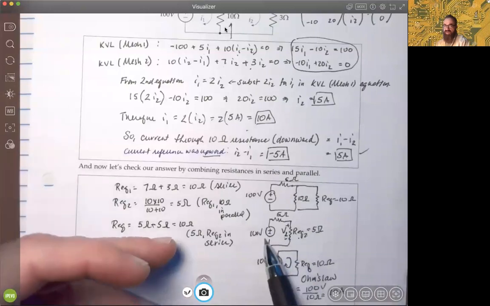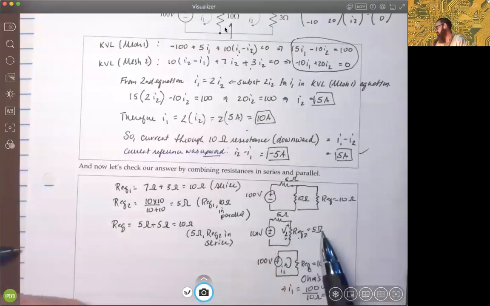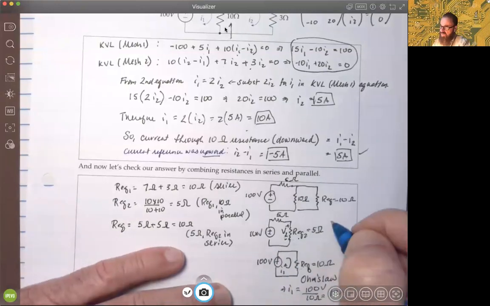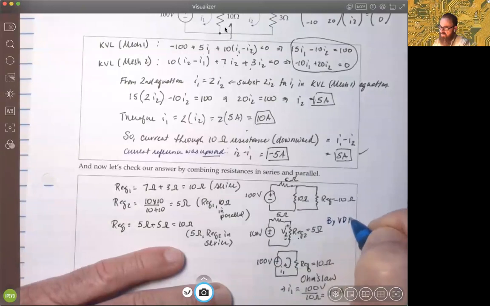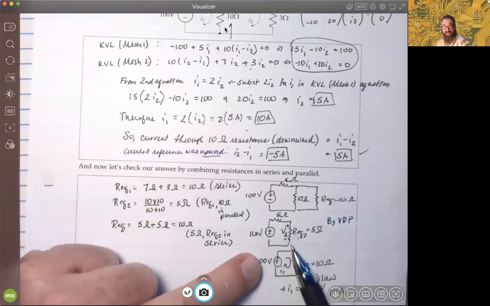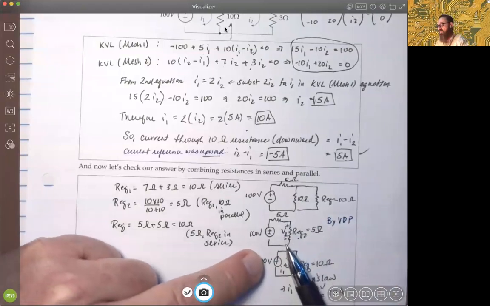Because these things are not in parallel, but by VDP, so I'll just put it over here, by VDP, we know how to do this by the voltage division, which occurs when you have two resistances in series. I know exactly what that voltage has to be, right?